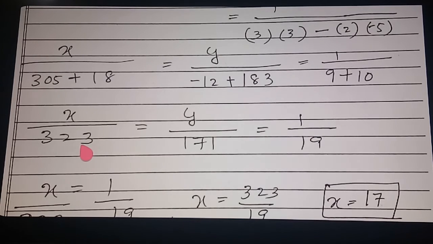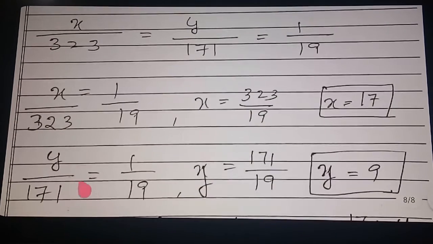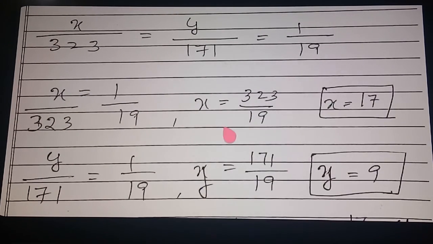x upon 323, y upon 171, take the difference and put the sign of the larger number, and 1 upon 19. For getting the value of x and constant, so x is equal to this 323 cross multiplied here, so 323 by 19, therefore x is equal to how much? 17.